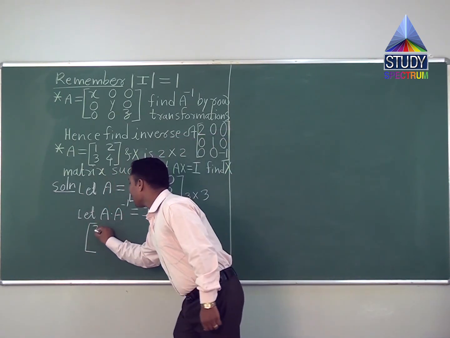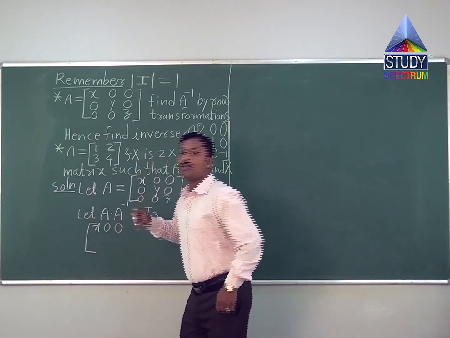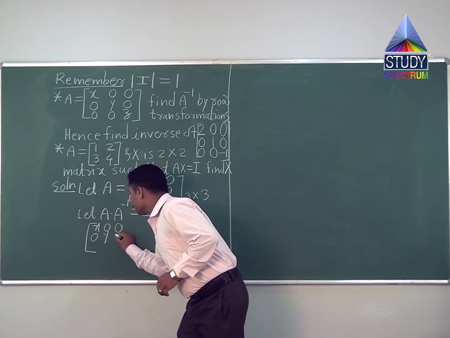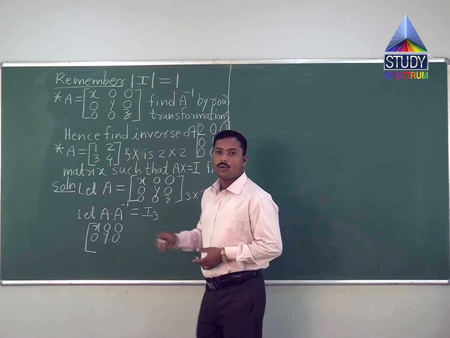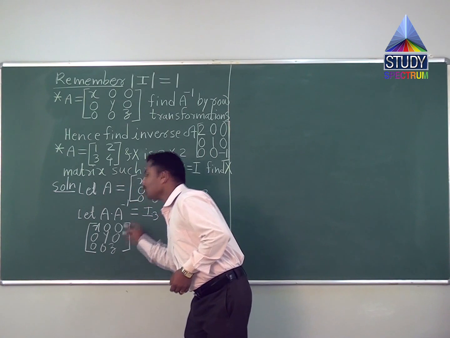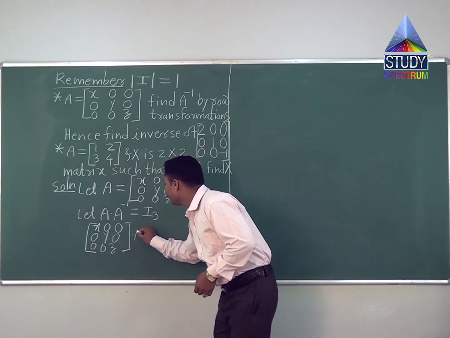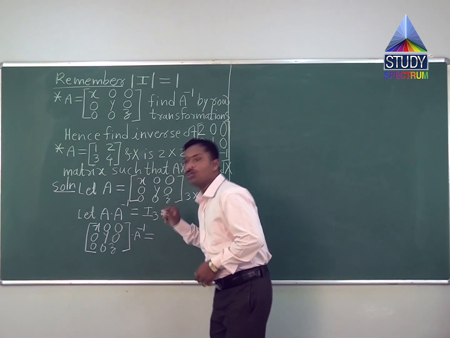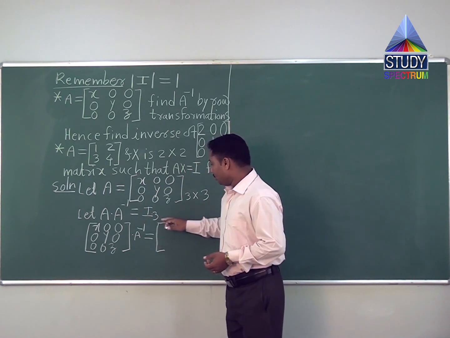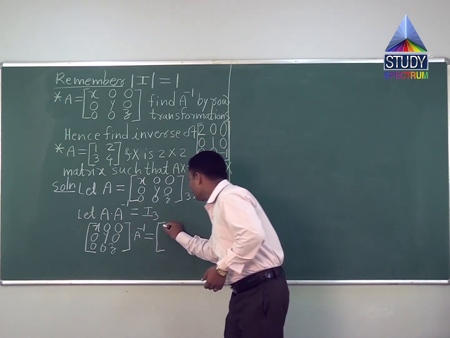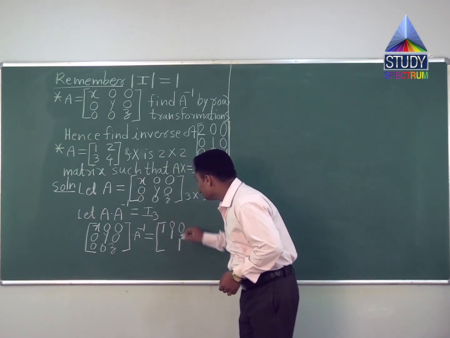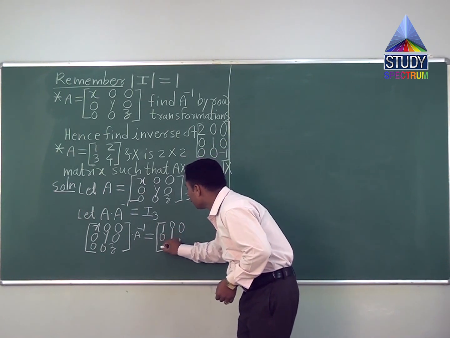First row x 0 0, second row 0 y 0, and the last row 0 0 z into this A inverse, equal to I3, which means diagonal numbers are 1, and remaining numbers are 0.